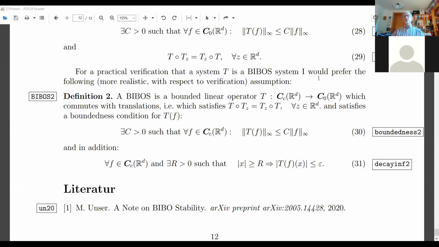If y is larger than r, then the output T of f at y should be less than epsilon. So I would call these systems real, not in the sense of quantum mechanics, but in the practical sense, observable signals. That means you can test them by putting in input and later looking at output.